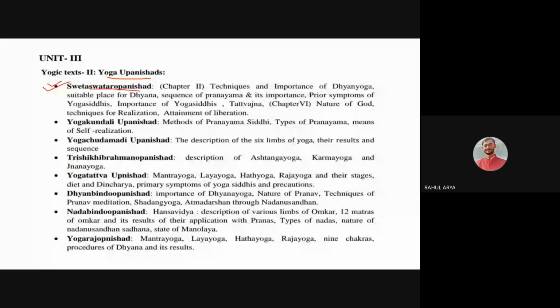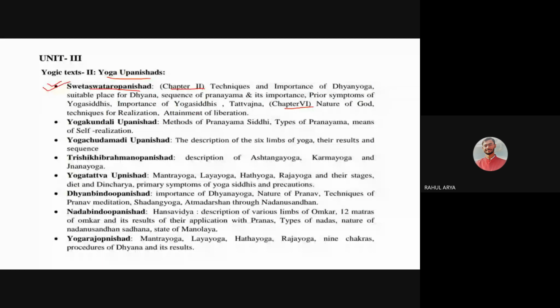So in the Shvetashvatara Upanishad, we have to study only chapter number 2 and chapter number 6. Please don't go to chapters 1, 3, 4 and 5. Read or focus only on your syllabus, otherwise there are many more things in the Upanishads.